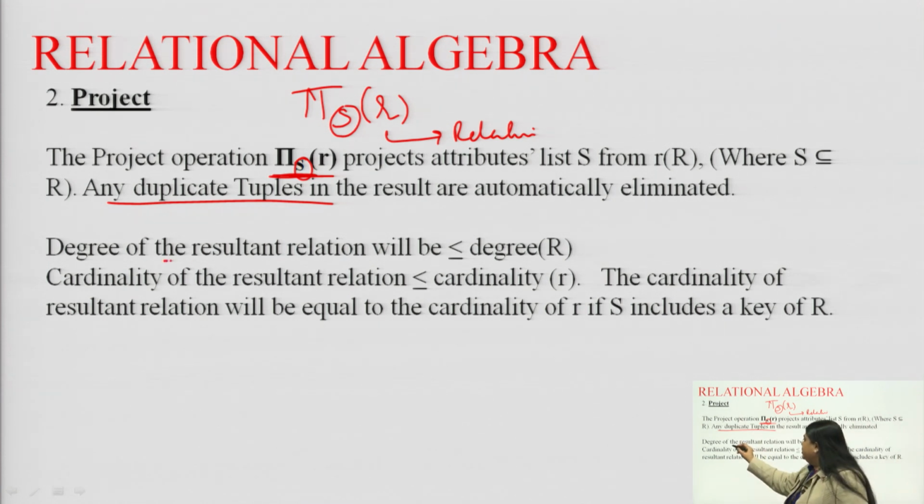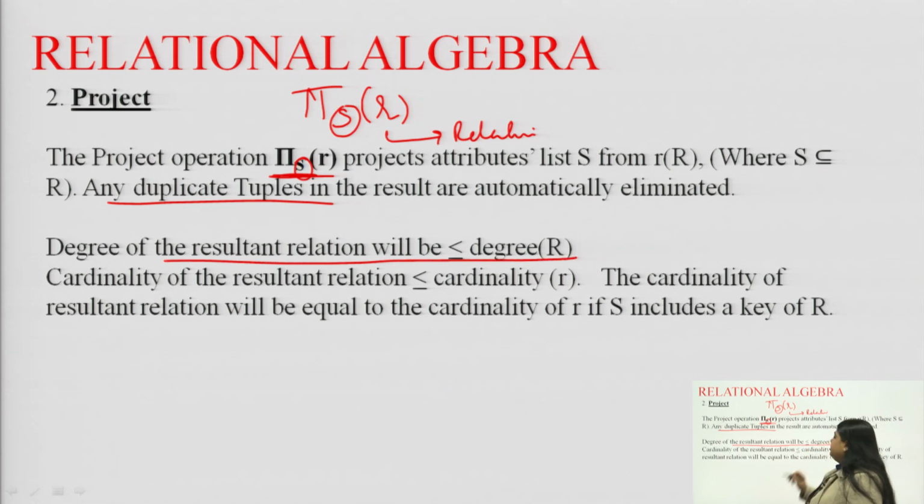The degree will be less than or equal to the degree of your parent database, because the degree is the set of attributes. Because we are selecting a certain set of attributes, obviously the number of attributes will reduce.